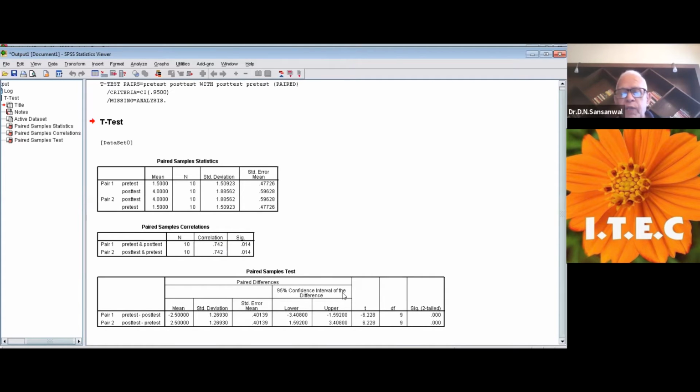And this value is significant at 0.00. So you can say it is significant at 0.01 level. And the degrees of freedom is 9.